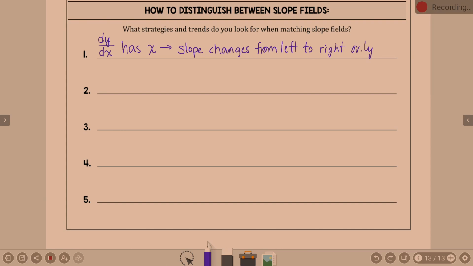If dy dx has y, then the slope changes up and down only.